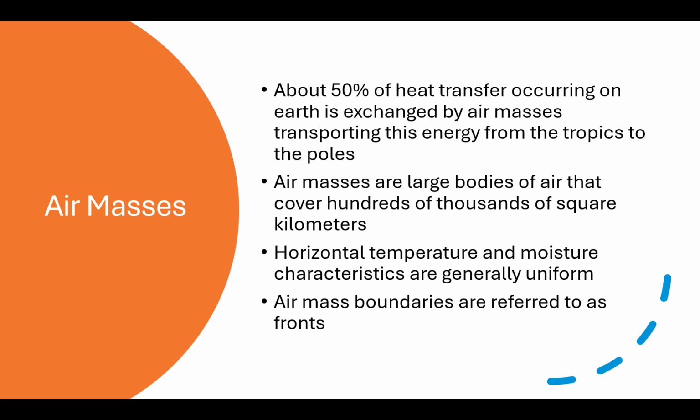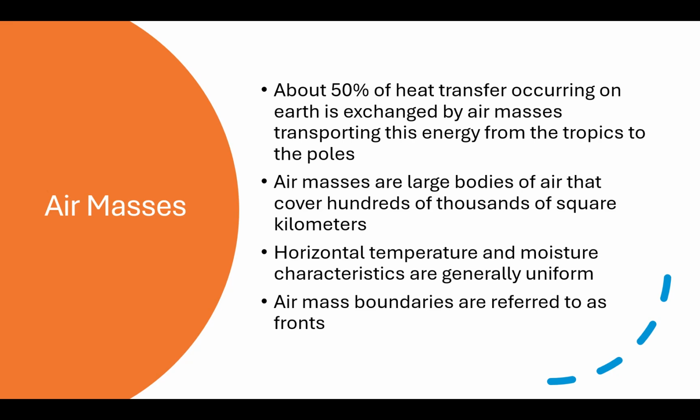First of all, about 50% of heat transfer that occurs on Earth is exchanged by air masses, transporting energy from the tropics to the poles. This has to do with the fact that the tropics are heated much more than the polar areas, and as a result, we have to take the excessive heat from the tropics and move it towards the poles to kind of balance things out in the atmosphere.